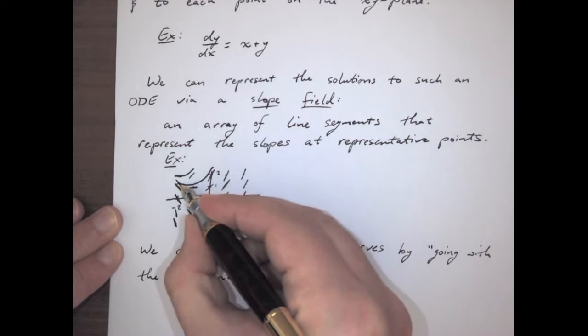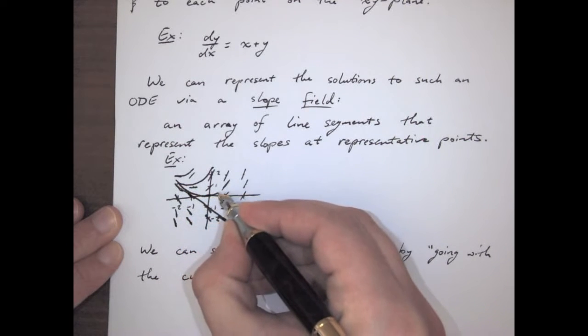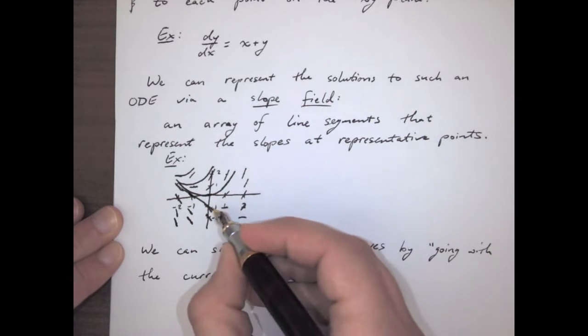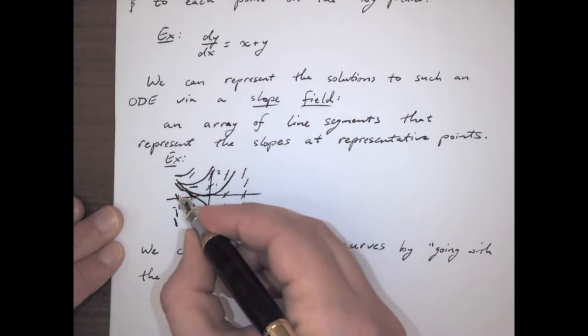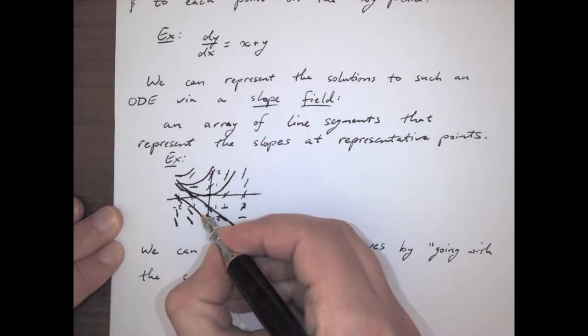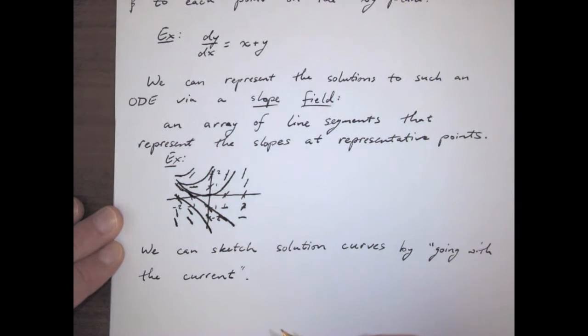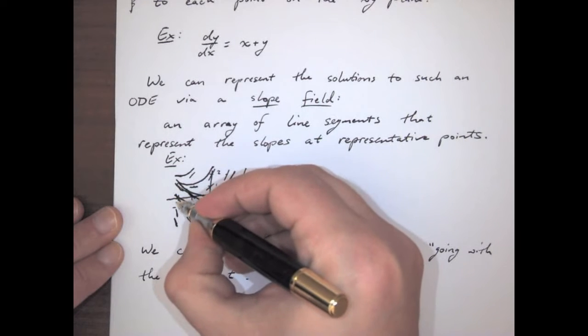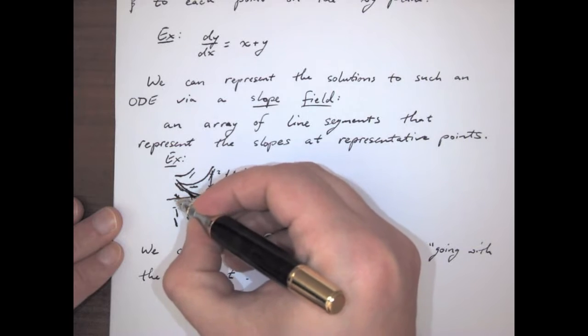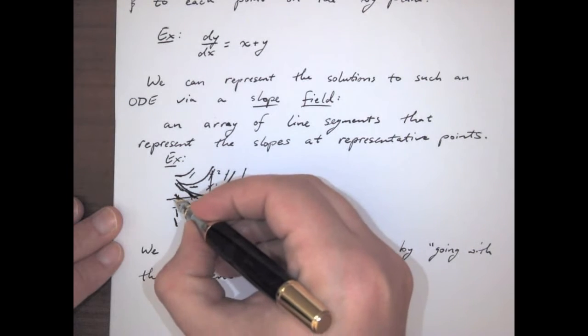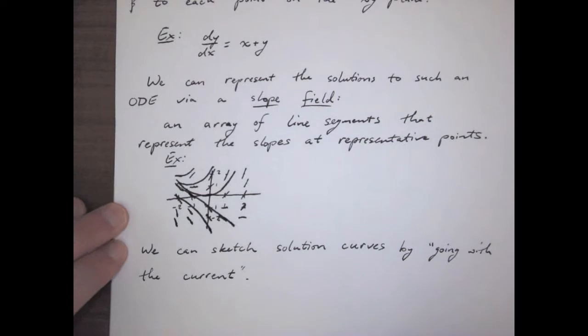Maybe another one that's going... Maybe some down below here. That one is not very good actually because I didn't follow the slope at that point, but you get the idea.